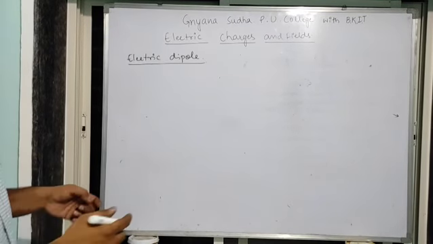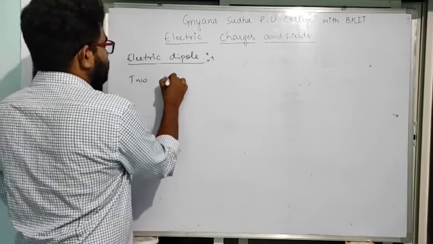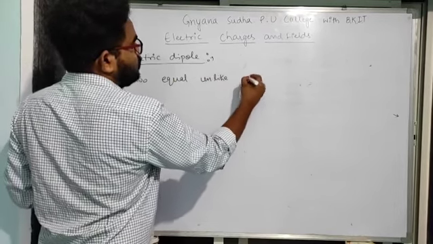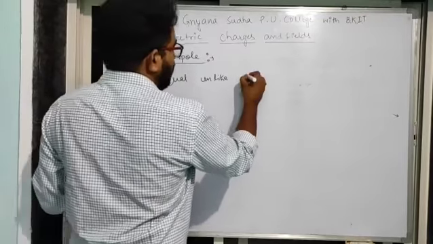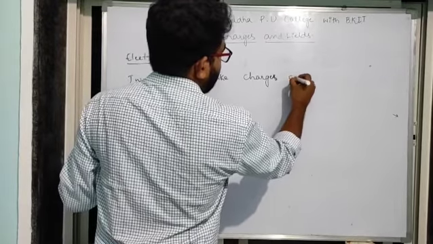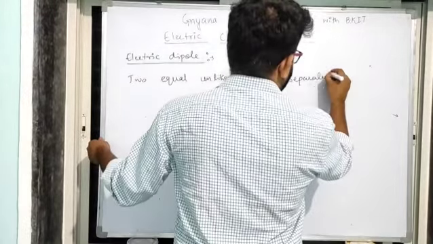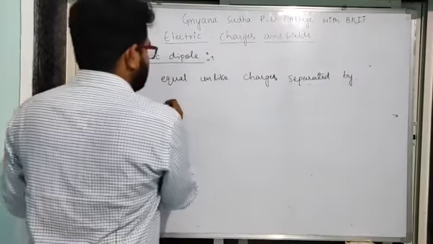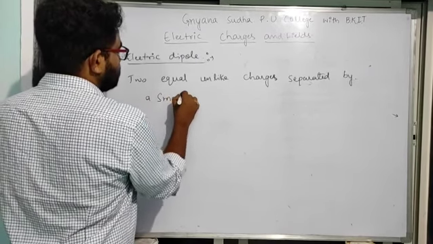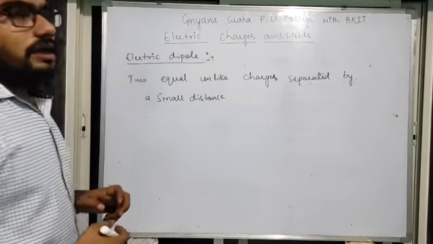The definition is two equal unlike charges separated by a small distance. This constitutes a dipole.